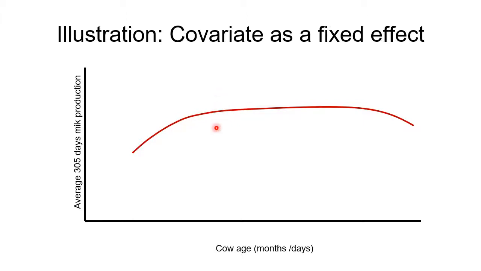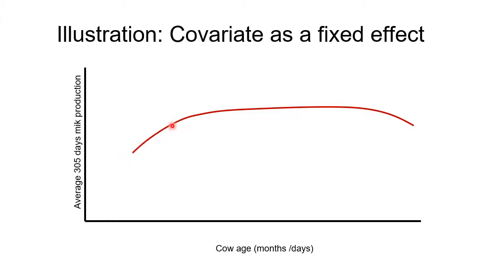At maturity, she will be at a peak production, and that will remain for a few lactations, and then when the female becomes older, lactation production will drop again because of age, not because of genetic merit. So you can fit this then as a fixed effect, this regression in your blood model for, let's say, 305 days milk production or lactation milk production.